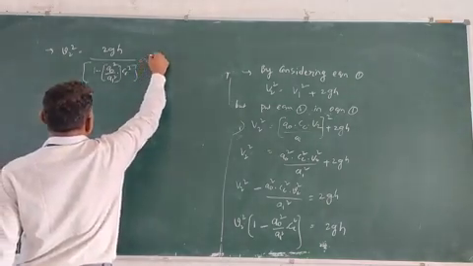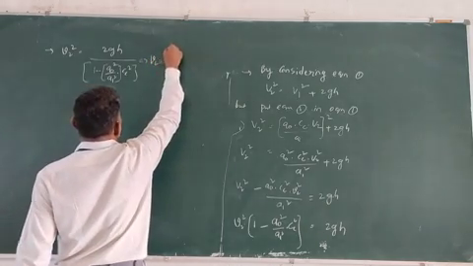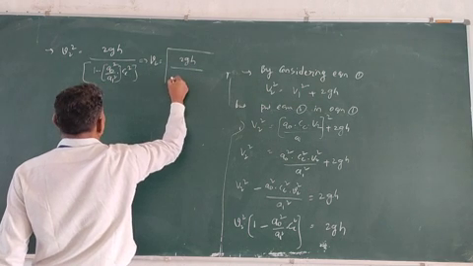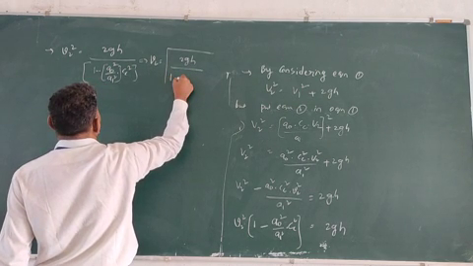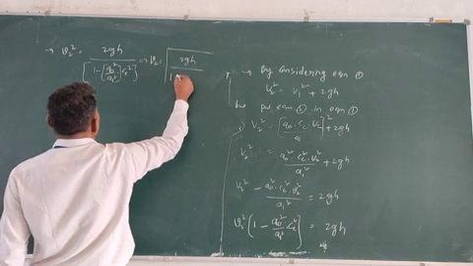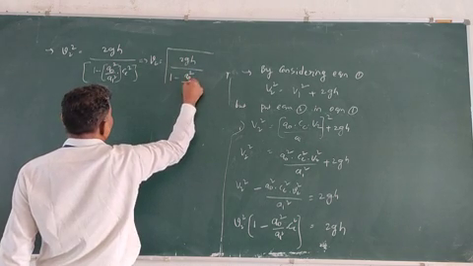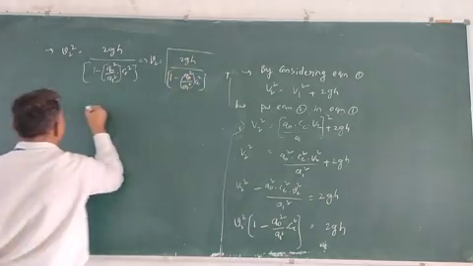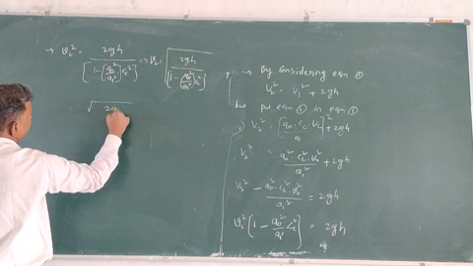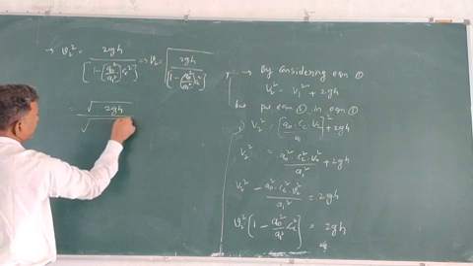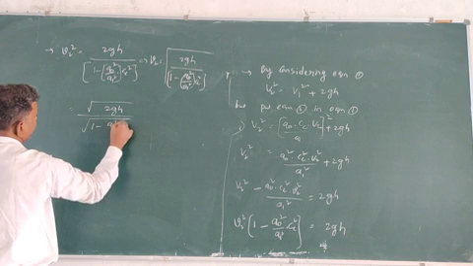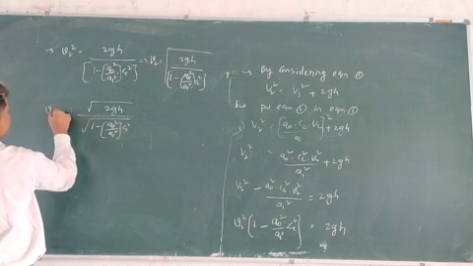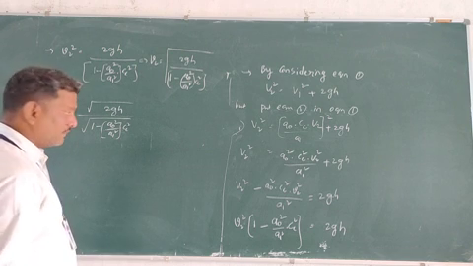So write V2 is equal to square root of 2gH divided by 1 minus A naught square by A1 square into CC square. What is this? Q2.